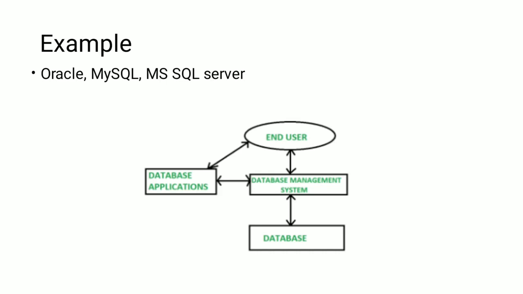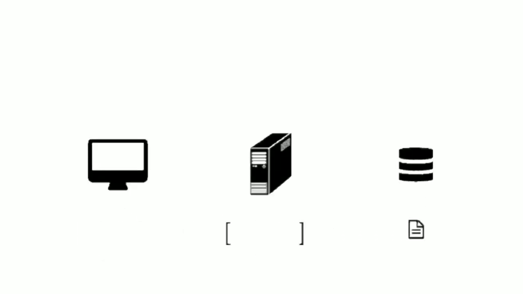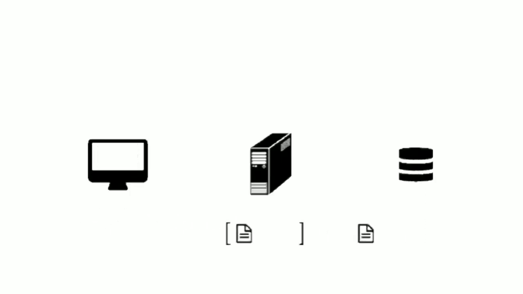The end user makes a request using the database application, the request moves towards the DBMS, then the DBMS interacts with the actual database, then the retrieved data is forwarded to the end user.